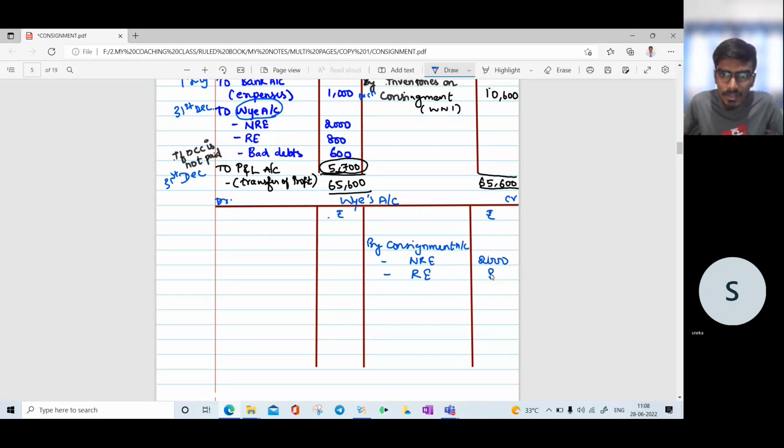Recurring expenses 8000. Bad debt 800 now. Bad debt is 600, right?